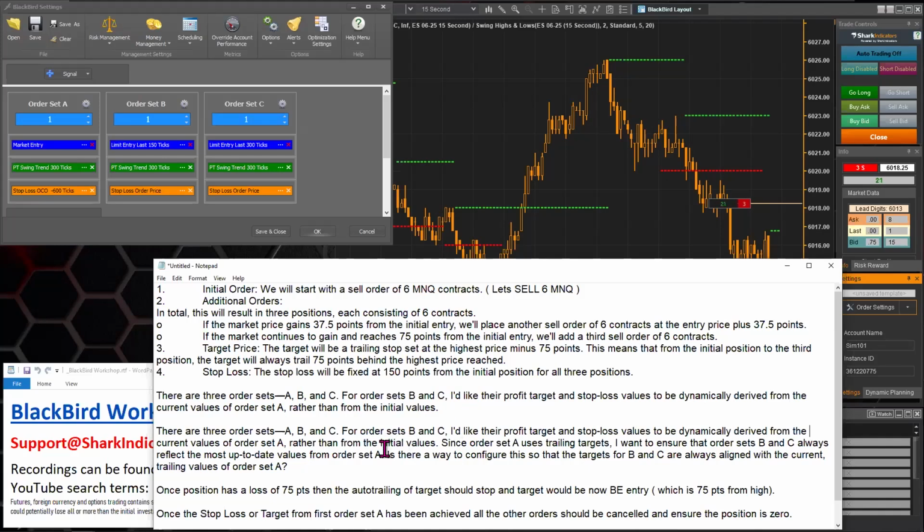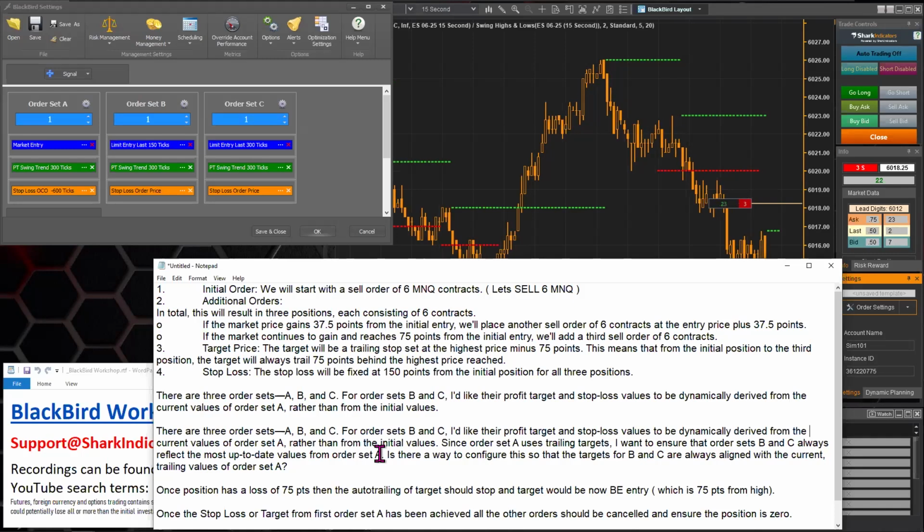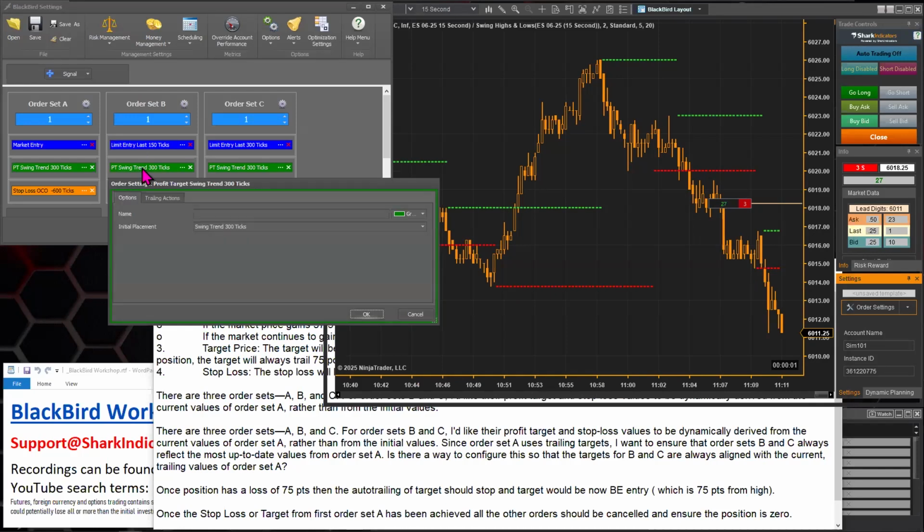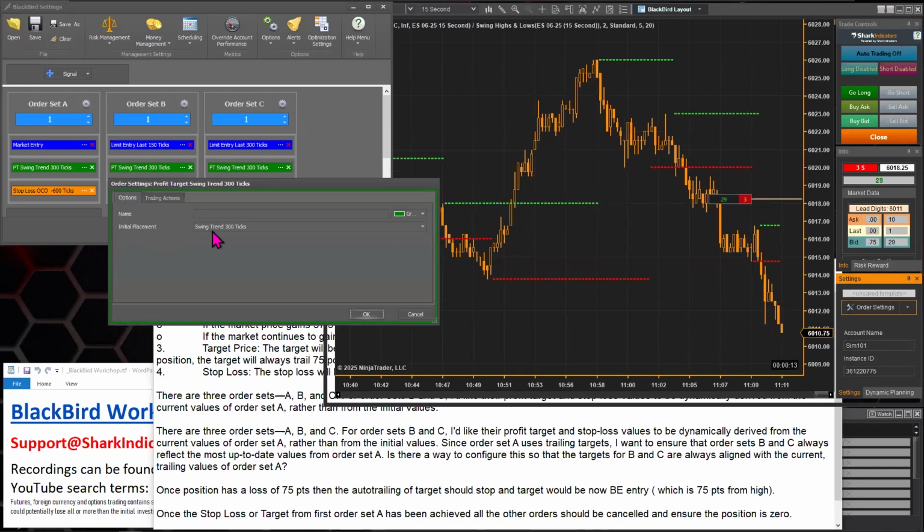All right, yeah. So after kind of reading this again here, I think I'm gonna make the same adjustment to the profit targets here. So this last statement here, right? Is there a way to configure so that the targets for B and C always align with the current price of the profit target for A? Yeah. So I'm pretty sure that in theory, the way this is set up, especially with the trailing here, right?